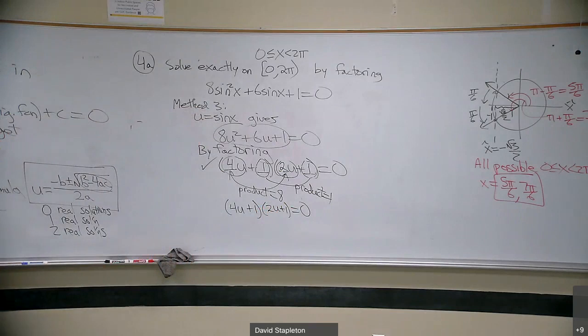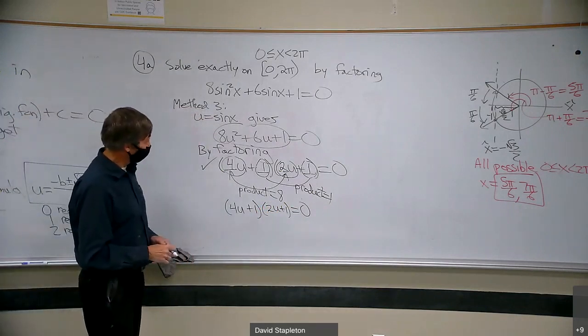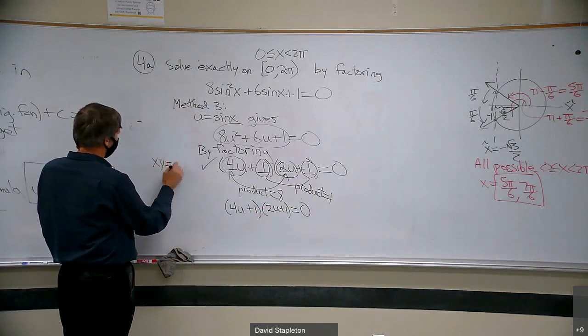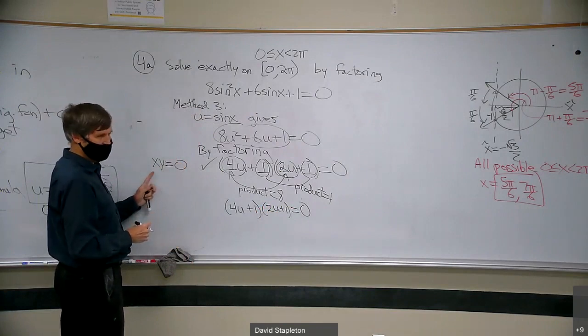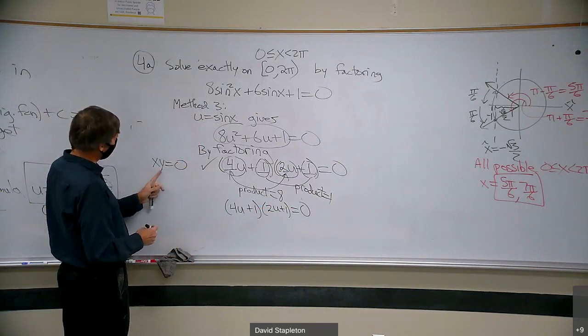And now what was the utility of factoring here for solving the equation? Something called the zero product property. If I have two numbers, x times y equals 0, what do I know about those two numbers? Now you know this one. Either x is 0 or y is 0, right?